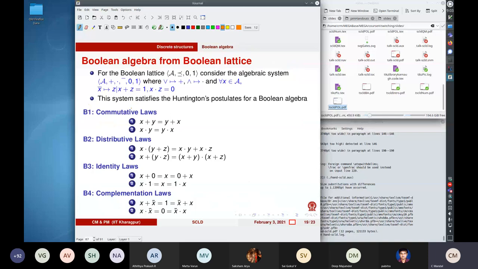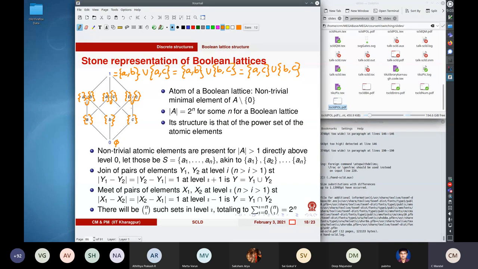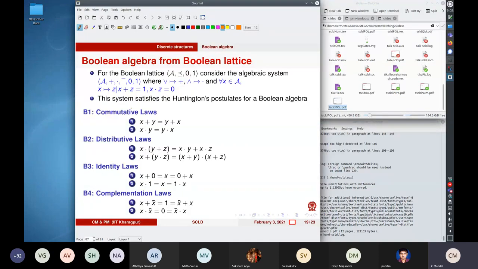All right. So now let us come to Boolean algebra. We have studied that a lattice is a structure, as you have seen. Let us now see how it relates to Boolean algebra.